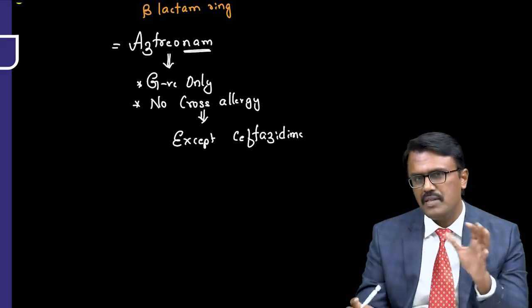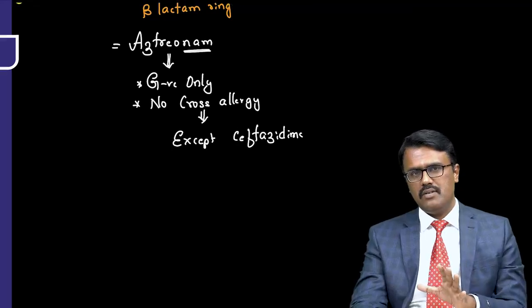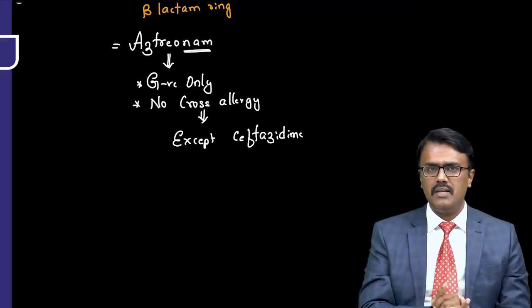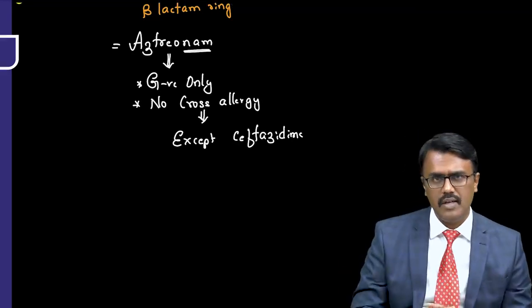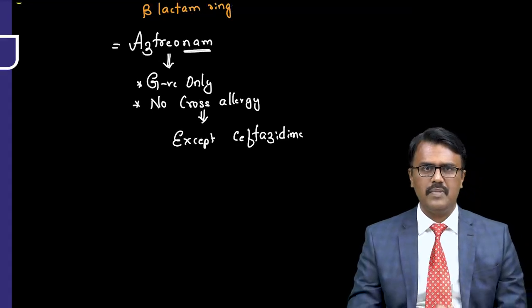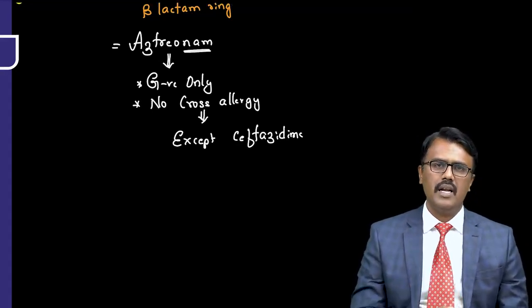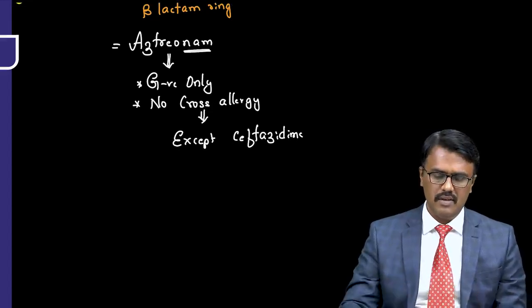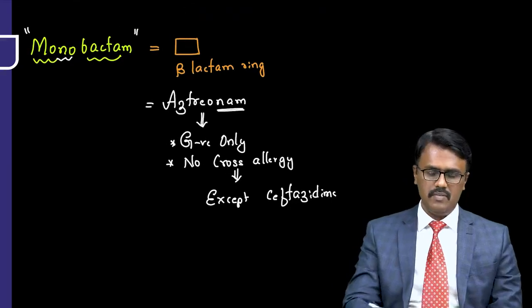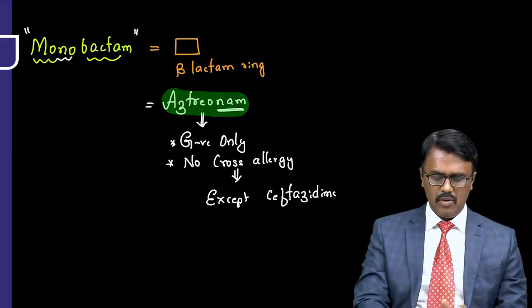Because ceftazidime has similar structure. Aztreonam, ceftazidime structures are similar. That's why if they have allergy to the ceftazidime, there is a chance of allergy to Aztreonam. Otherwise, other beta lactams don't have cross allergy. That is Aztreonam, remember the name, Theranam, monobactam.